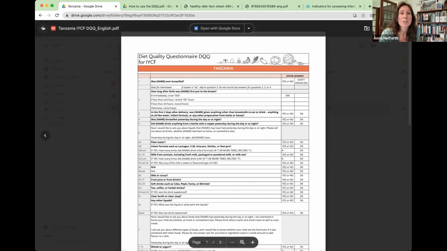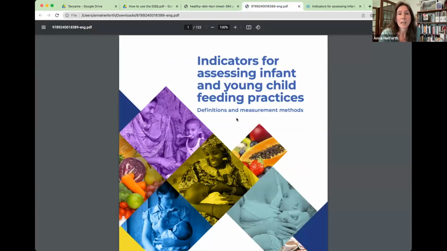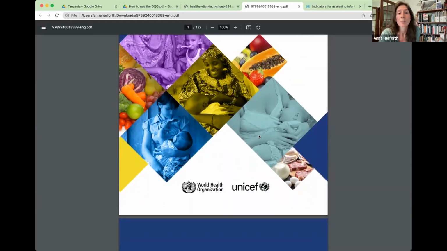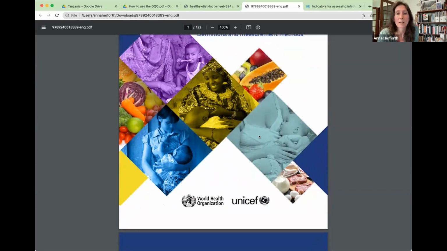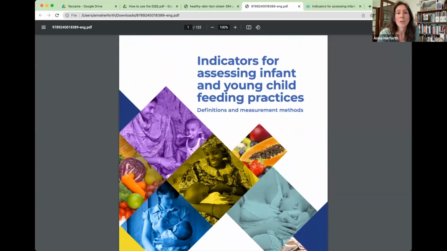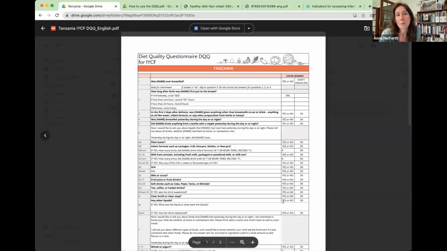These questions are here in order to reflect the indicators of assessing infant and young child feeding practices that are published by WHO and UNICEF. So all of the WHO UNICEF indicators can be calculated from the IYCF DQQs.